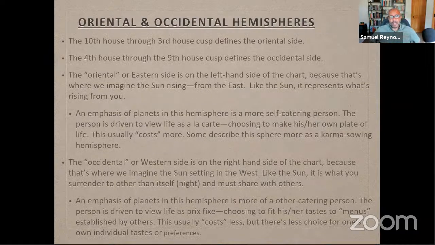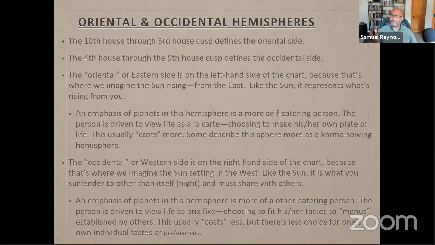So the eastern side of the chart, where we imagine the sun rising, is what's rising from you. And if you have a predominant number of planets on this side of the chart, meaning more on the left, then we might describe you as a more self-catering person, the person driven to view life, as I would say, in relation to food.